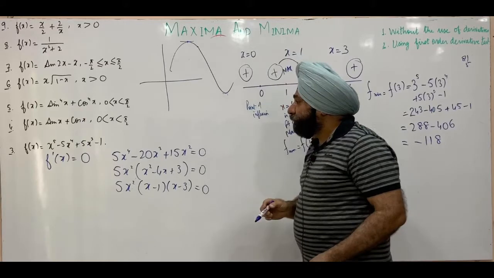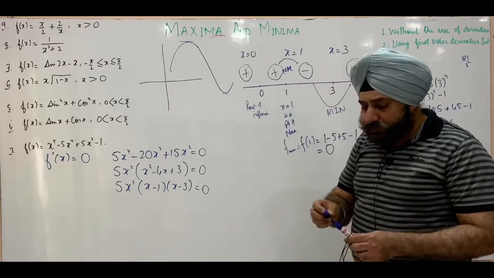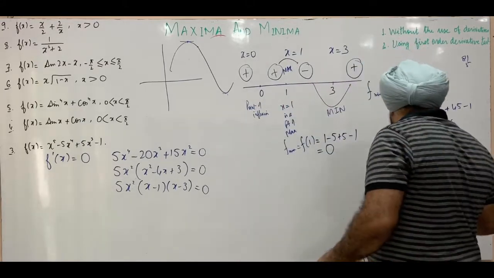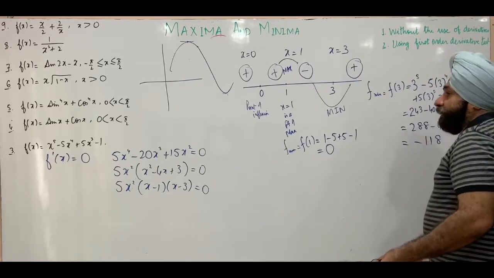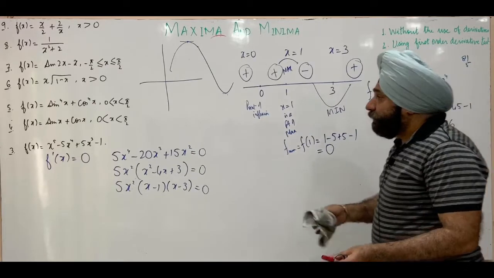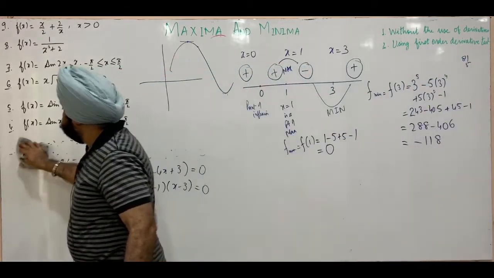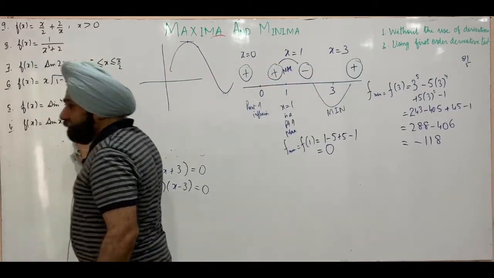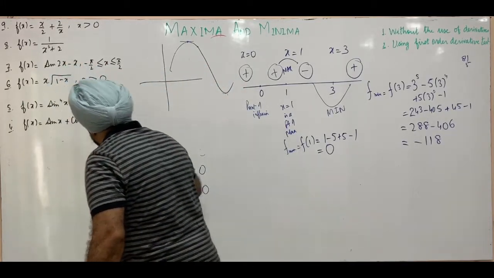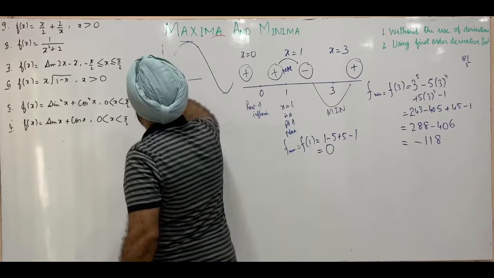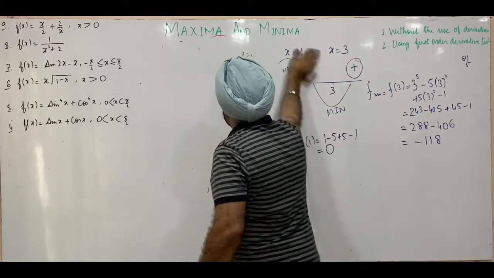Okay. Next is f of x equal to sin of x plus cos of x. Again we have to use the first order derivative test to find out the maxima and minima of the function. For trigonometric functions, the first step remains the same: we differentiate and equate the derivative to 0, to find out the critical points.